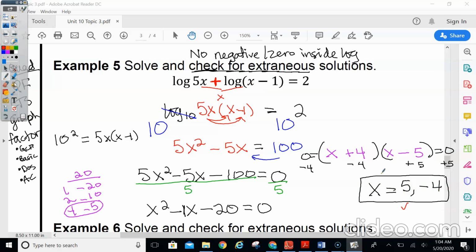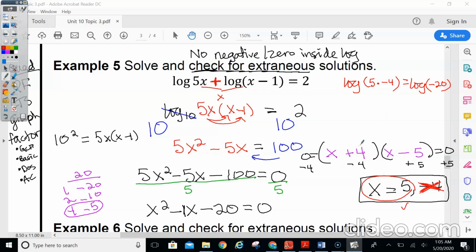If I plug in negative 4 though, we get log of 5 times negative 4, which is negative 20. If you try to do this in the calculator, it's going to say error, not a real solution. Because we get a negative inside the log, we throw this one out, and this is your only answer.